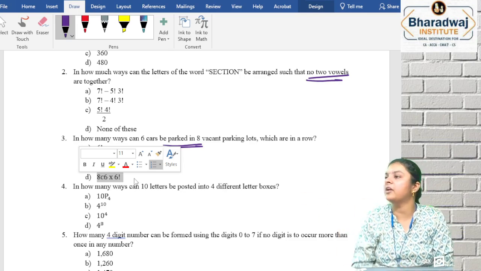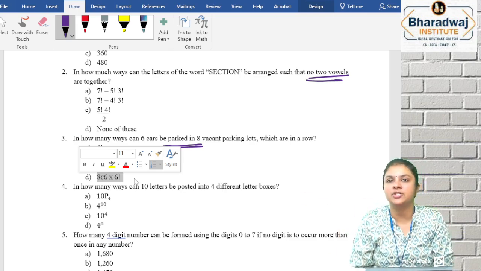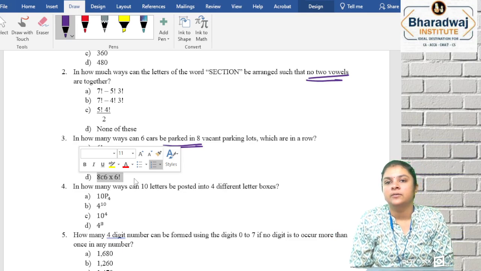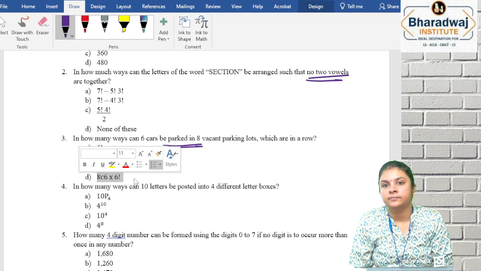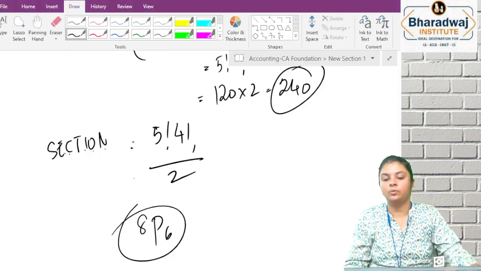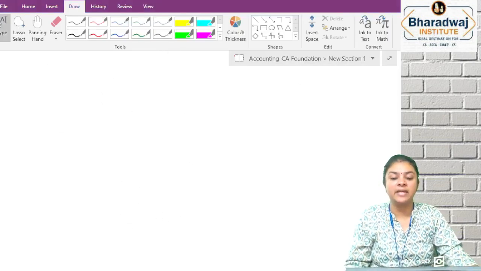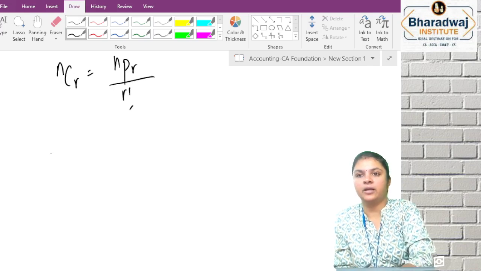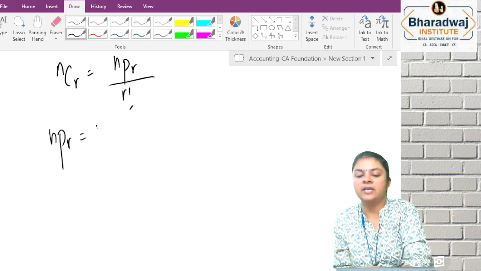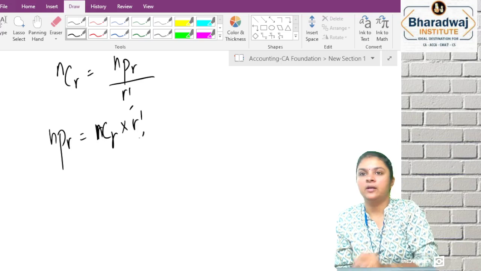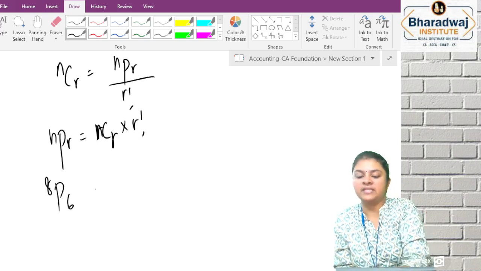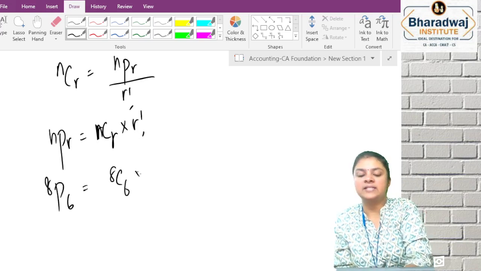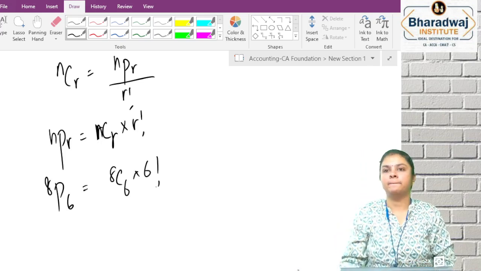So r factorial on the other side becomes multiplication. nPr is equal to nCr into r factorial. Now here we are doing 8P6, which will be equal to 8C6 into 6 factorial.